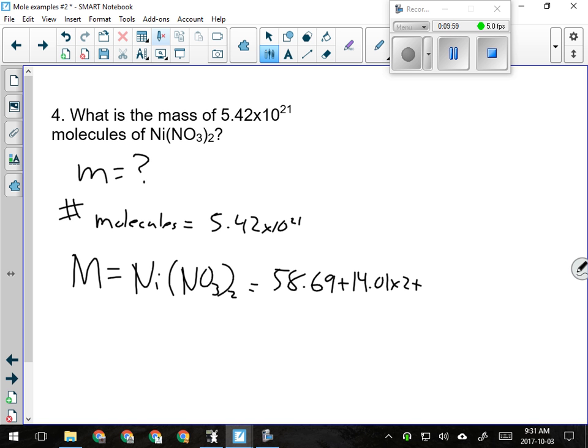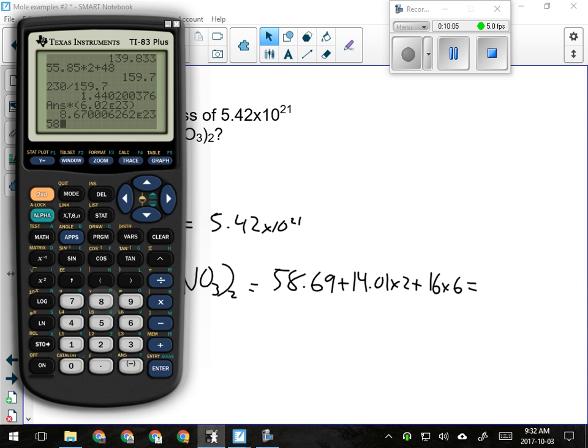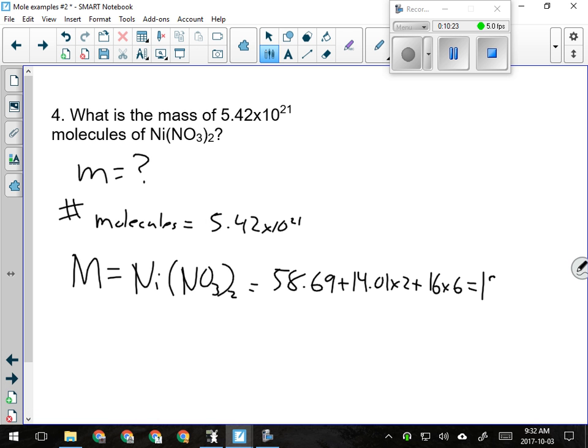How many oxygens? 6. So 58.69 plus 14.01 times 2, plus 16 times 6. So 182.71 grams per mole.